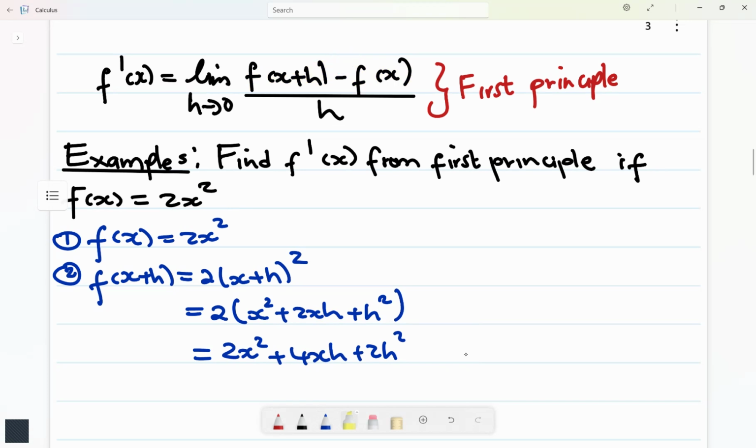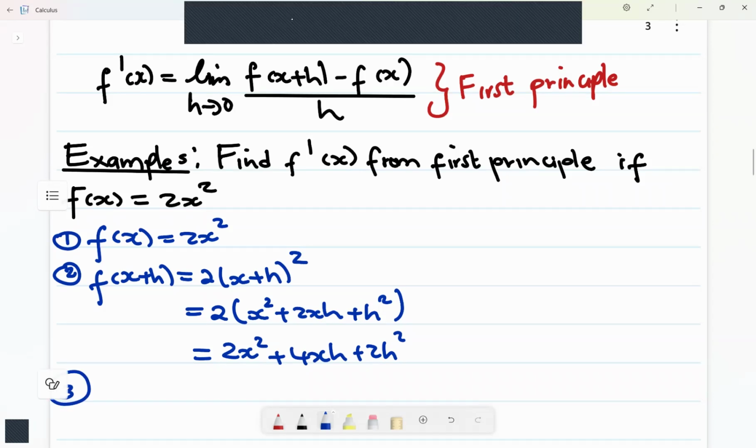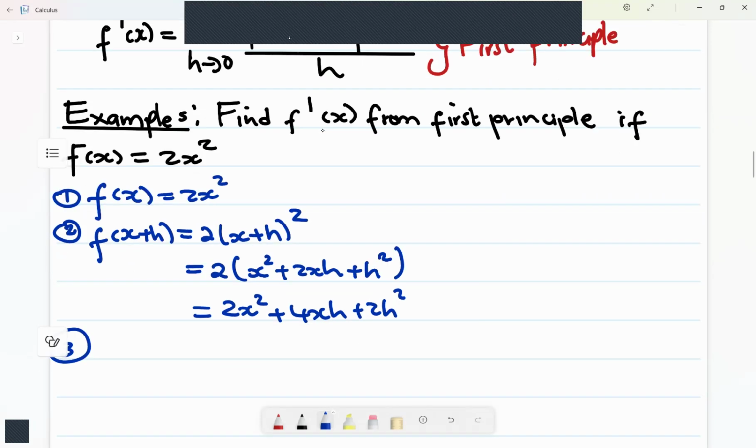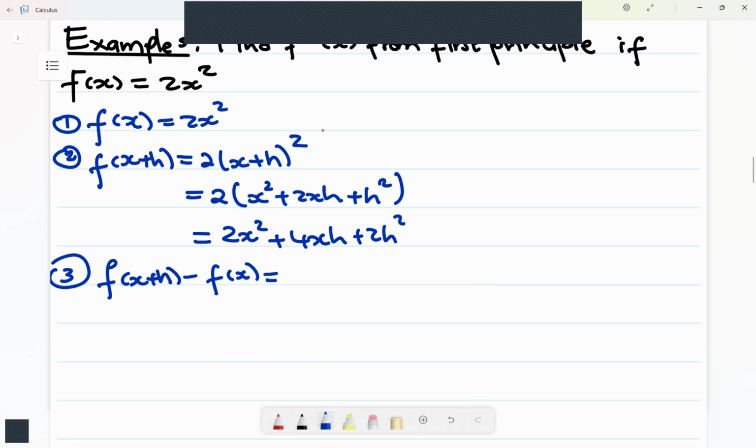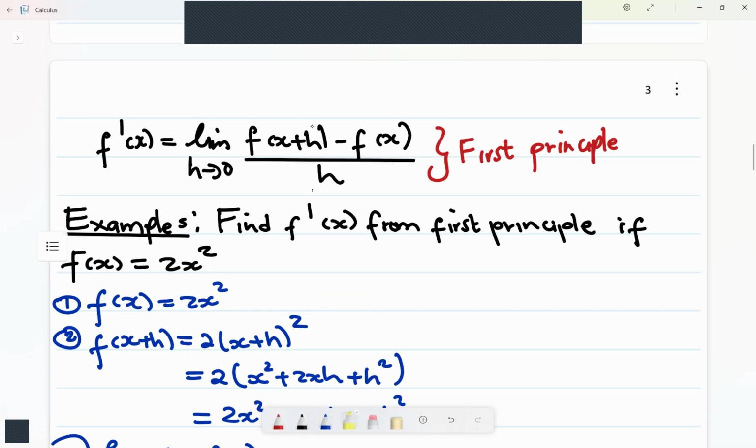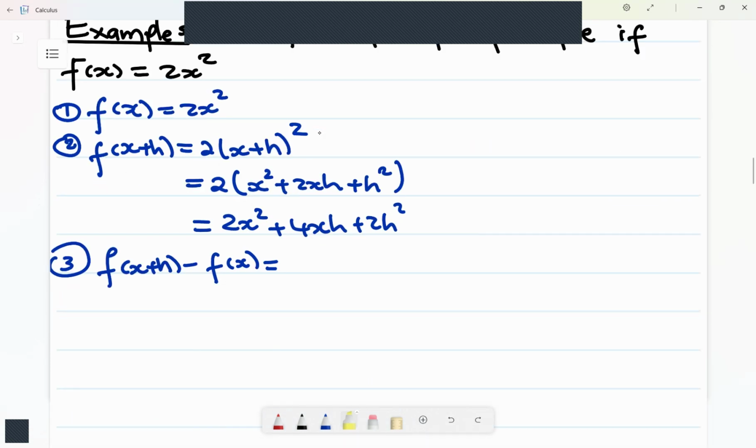Okay, you'll understand what I mean by that. Another thing I like to do before going to the formula, I like to express this so that when I go to the formula, I substitute further: f of x plus h minus f of x. Where do I take this? I take this from the formula. Okay, you can directly substitute, it's fine, but I want you to avoid mistakes.